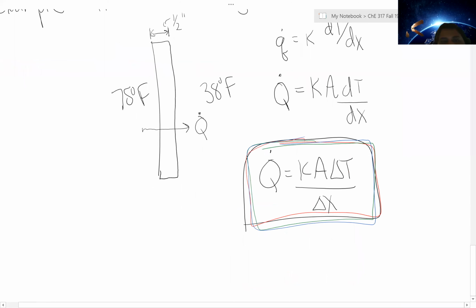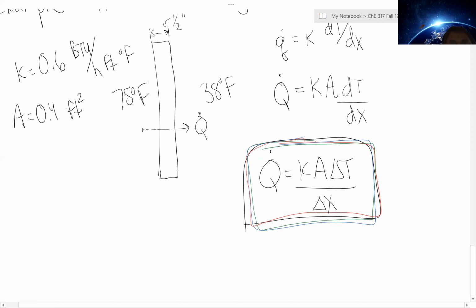So, based off the equation that I have, where Q is equal to K times A times delta T over delta X, K was given in the problem statement as 0.6 BTUs per hour per foot per degree F. The area of the window was 0.4 square feet. The temperature inside is 75 degrees Fahrenheit.